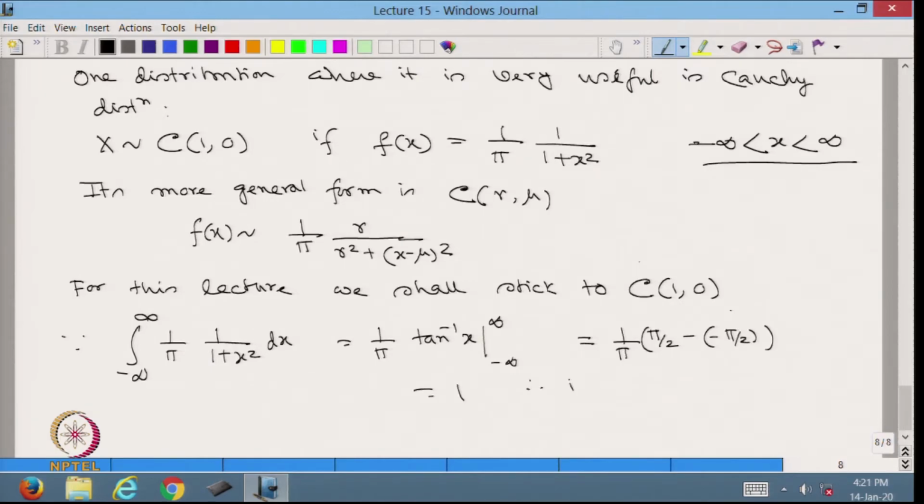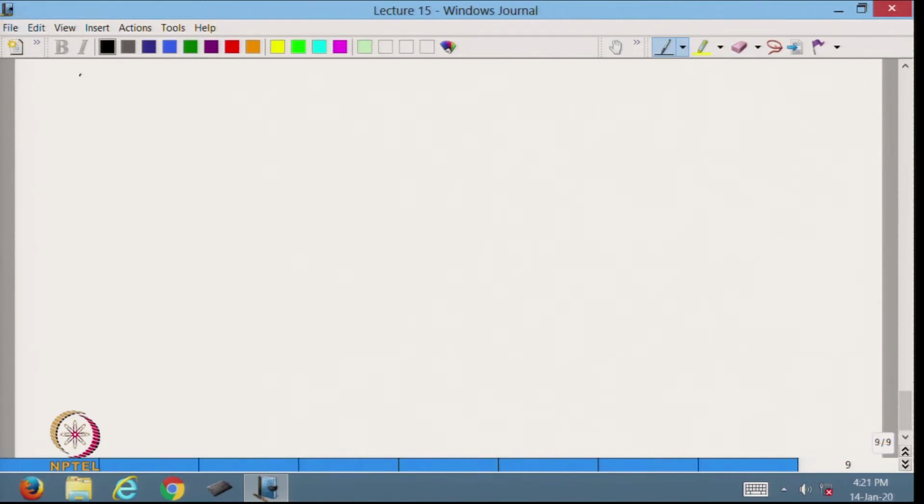Therefore, it can be considered as a PDF. So, what is its expectation? One over pi integration minus infinity to infinity x upon 1 plus x square dx.